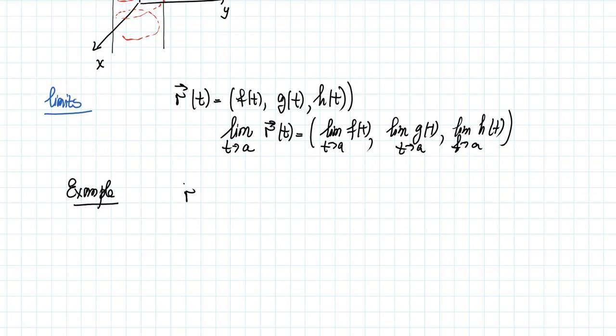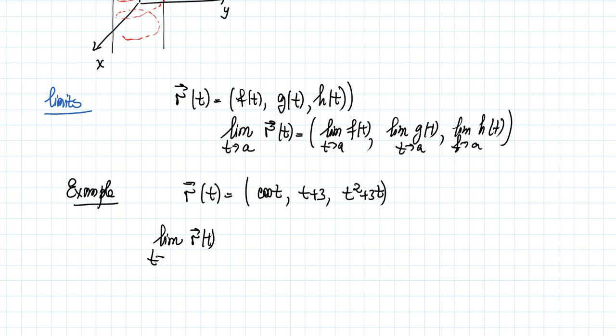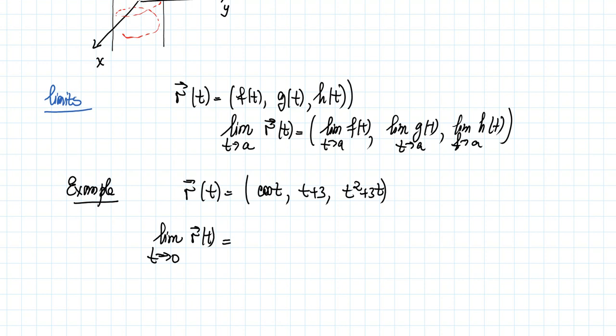For example, if r(t) is given as (cos t, t + 3, t² + 3t), I would like to find the limit of r(t) as t goes to 0. Again, if you would like to find the limit of the vector function, you are going to have as output a vector again. In order to do this, we need to find the limit of every single component separately.